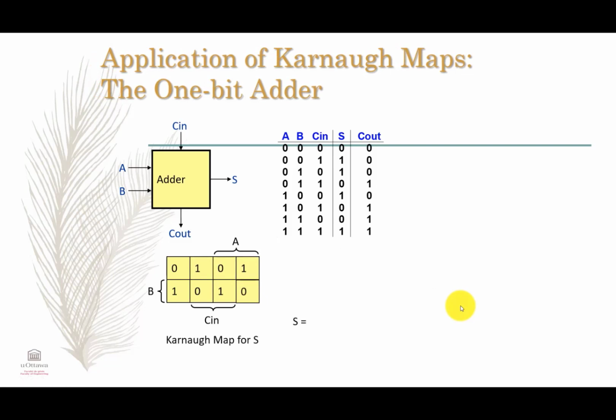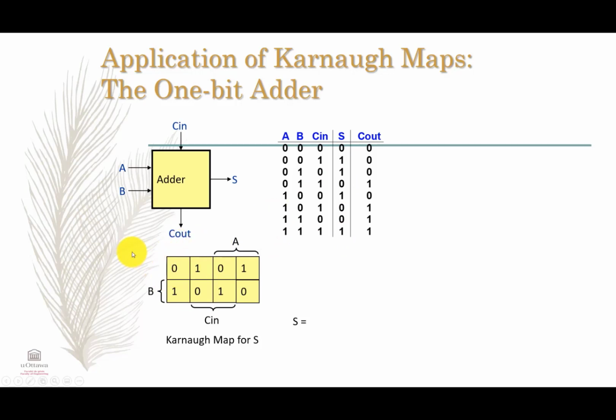For the sum, guys, the process is still the same. We have to look at this column, which represents the sum output, and then replace the zeros and the ones into the corresponding kernel map.